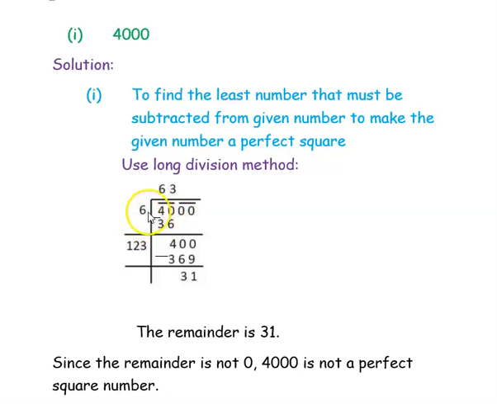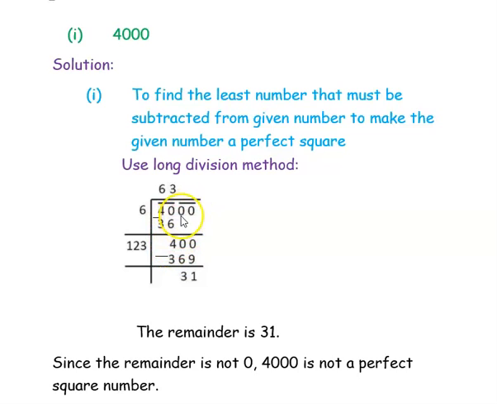We know that 6 into 6, that is 6 square, which is 36, is less than 40. So I have written 6 as a divisor and 6 as a quotient. 6 into 6, that is 6 square is 36, I have written here. Then I have subtracted. 40 minus 36, the remainder is 4.